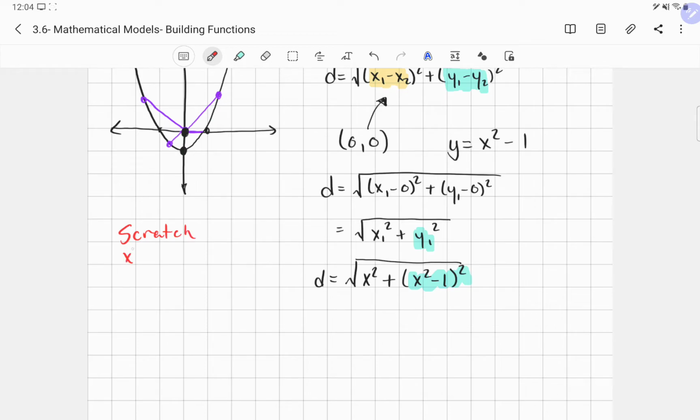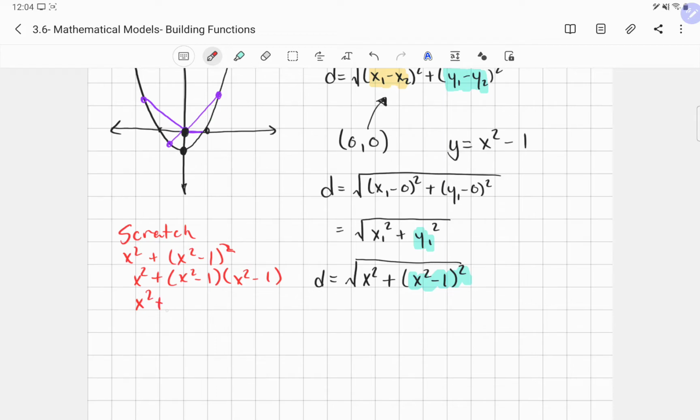All right, so I've got x squared plus x squared minus 1 squared. Remember we need to write this second part out. This is not going to be x to the fourth minus 1. It's actually x squared minus 1 times x squared minus 1. We're going to FOIL this. I'll leave the foiling to you.